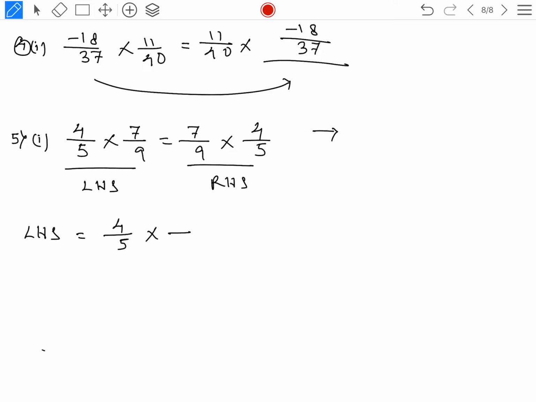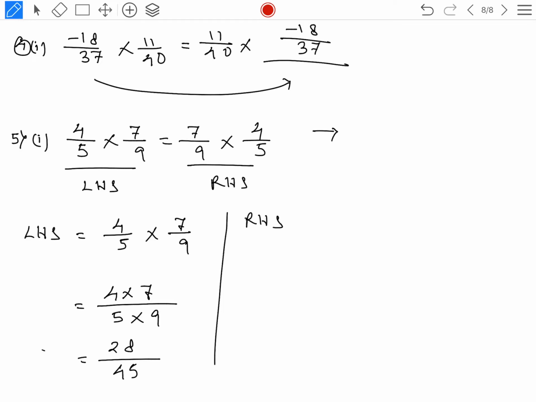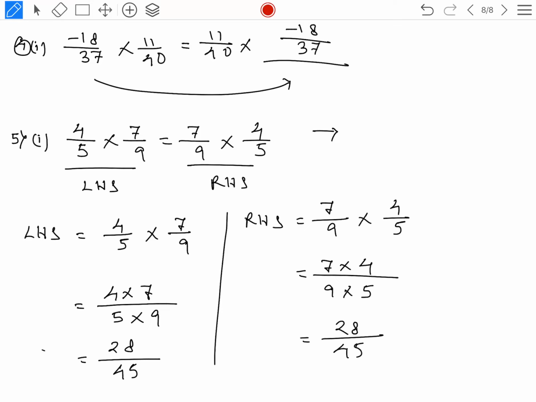First we'll do left hand side. It is given 4 by 5 into 7 by 9. Multiply numerator into numerator, denominator into denominator, we will get 28 by 45. Okay. Then right hand side what is given? 7 by 9 into 4 by 5. Same step. Multiply numerator by numerator, denominator by denominator, we will get 7 4s are 28, 9 5s are 45.